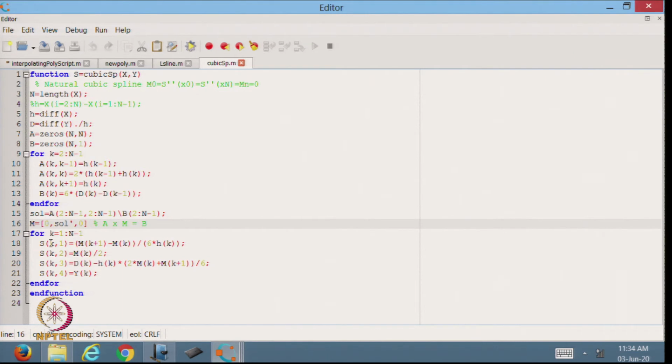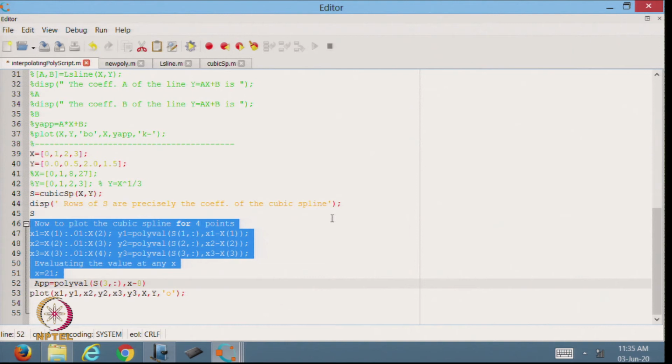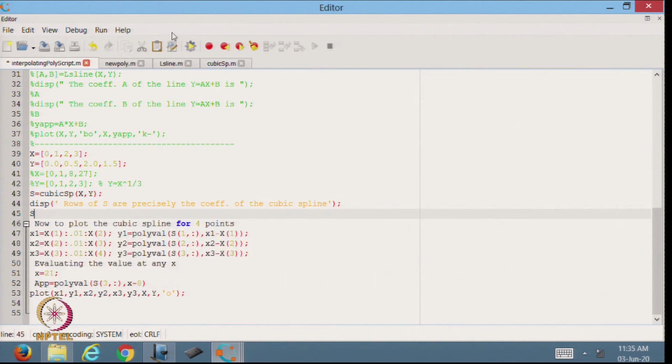So I will get a matrix whose first column is this value, the second column is this value, the third column is this value, and the fourth column is this value, and these are all the rows. So I get from here a matrix of dimension n minus 1 cross 4. That matrix we are going to get. So, let us try to run this one.